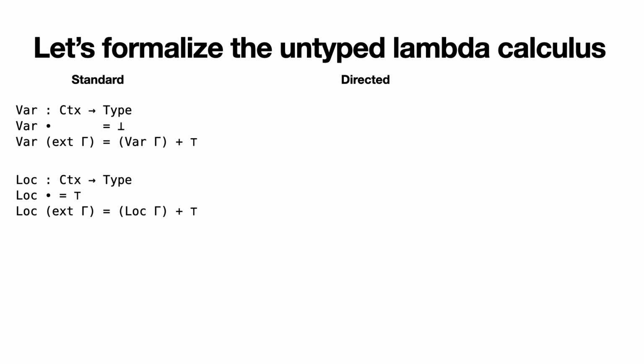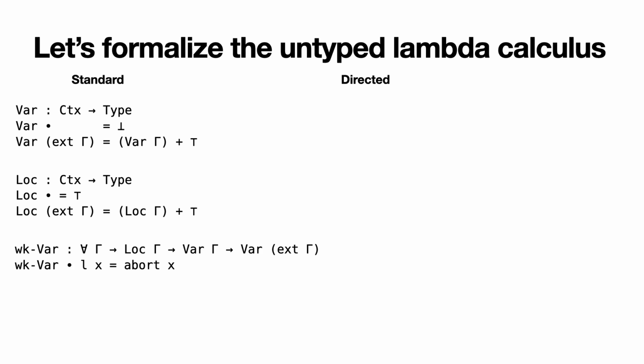Basically, the locations in context gamma are equivalent to the variables in context x gamma because, for example, when you have 3 variables in a context, there are 4 locations where you could introduce a new variable. Now that we've done this, we can define how to weaken variables first at an arbitrary location. If we're trying to weaken a variable in the empty context, there is no such variable, so we can't do anything.